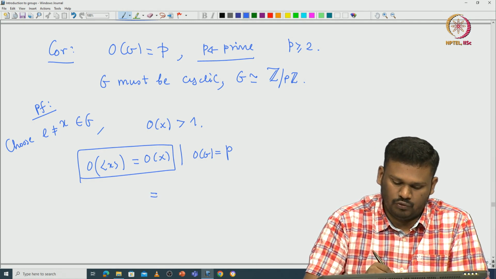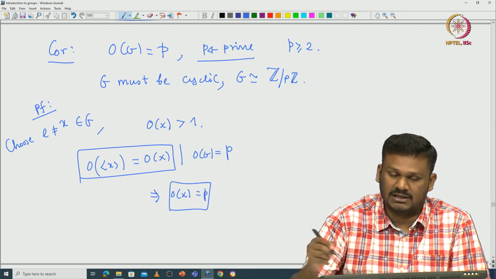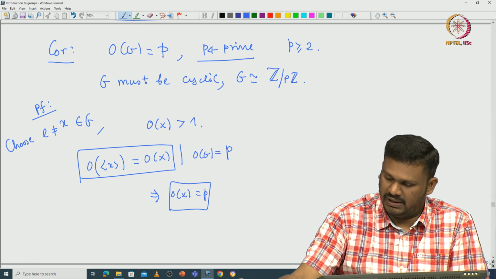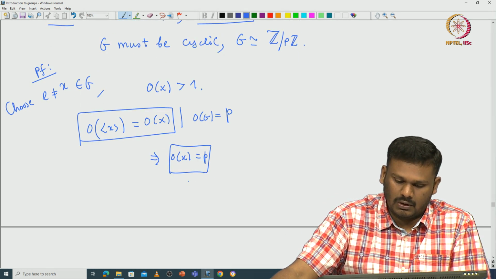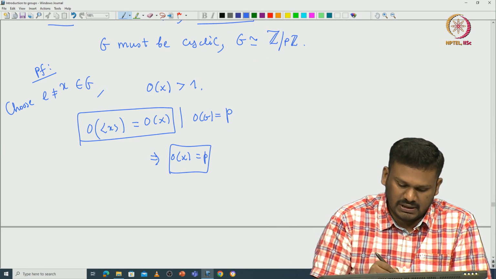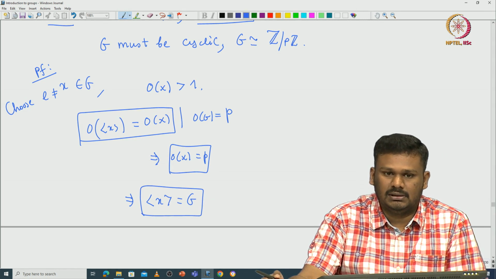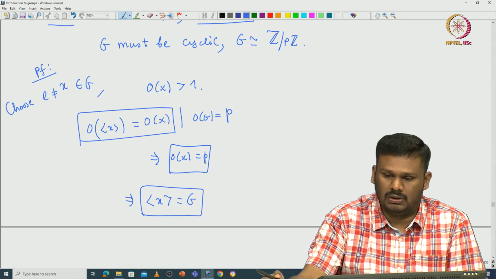That forces the order of x to be equal to p, because a prime p has only one non-trivial divisor, that is p itself. So the subgroup generated by x must be exactly equal to G. That means G is cyclic and G is isomorphic to Z modulo p Z.